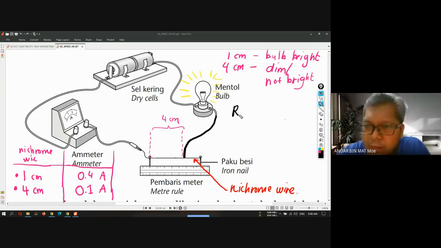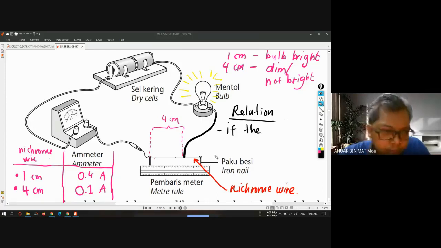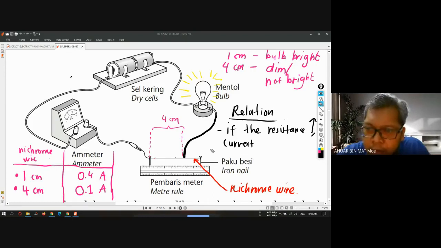So what is the relationship now? Relationship number one: if the resistance is high, what happened to the current?